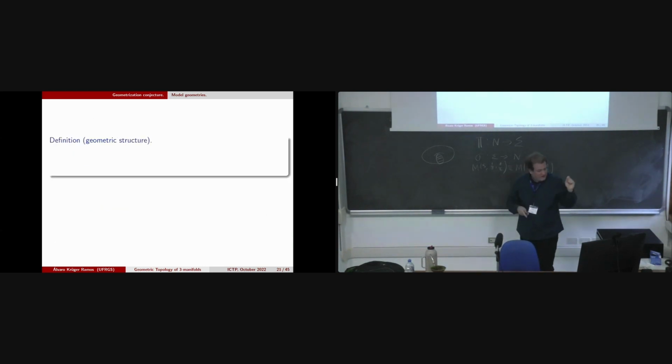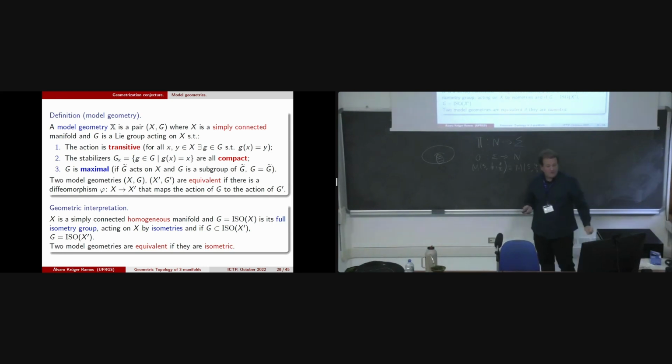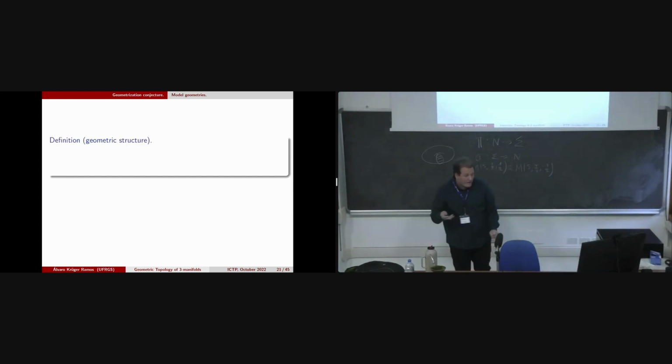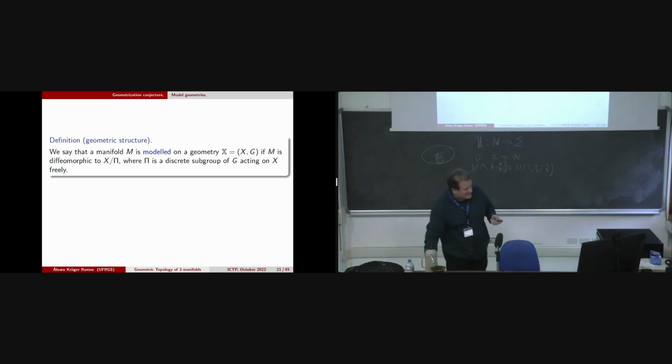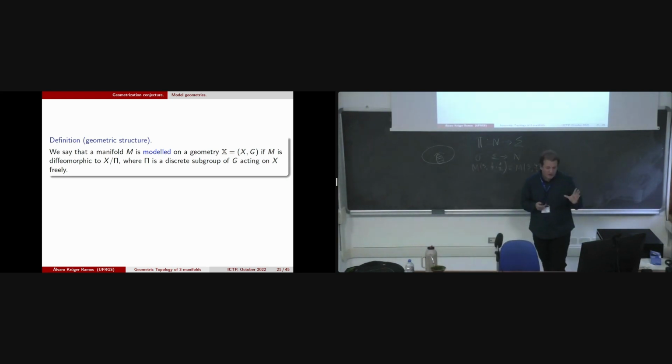Okay, so this is the definition of a model geometry. Now we need to define what a geometric structure is. We say that a manifold M is modeled on a geometry X if M is diffeomorphic to the quotient of your space X by a discrete group G acting on X freely. And the way I said it, you probably know that I don't like this definition too much.